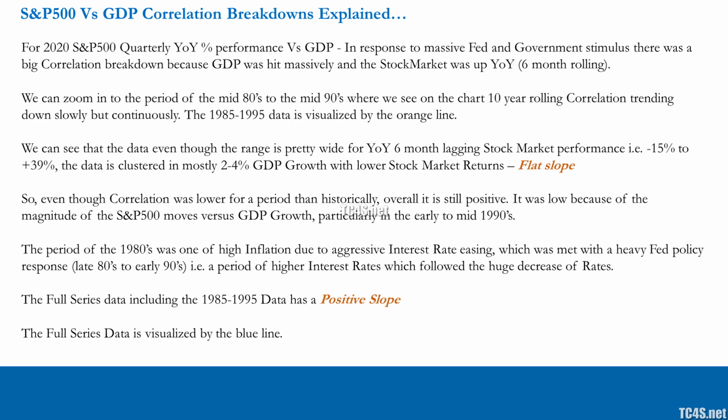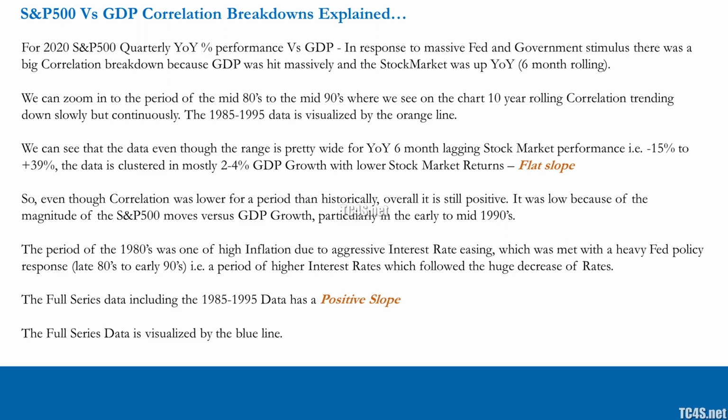What was the situation here? Well, when you actually look at the data set, and you can look at this in the downloads area, when you look at the data set for the statistical correlation, we can see that even though the data range is pretty wide for the 6-month lagging stock market performance, so the data range for the period 1985 to 1995 goes as low as minus 15% to as high as positive 39%.